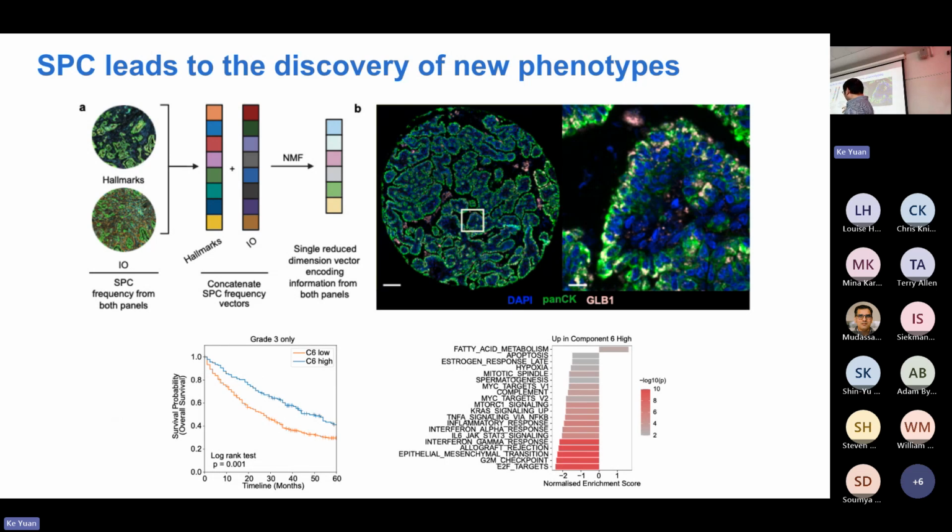So this is a particular component that came out, this NMF-based fusion from the two panels, which is very powerful in terms of separating patients. And when we look at what that fused component means in terms of actual images, we find this peculiar-looking appearance of GLB1. GLB1 is something our collaborator included when they made those panels.